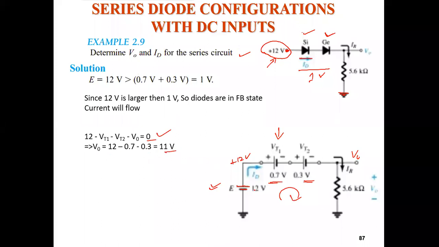Or simply, if you look at the diagram, both the diodes are consuming 1 volt and the applied voltage is 12, so 12 minus 1 gives V0 equal to 11. Once you get V0, this resistor is 5.6K, so dividing it will give you the current. I hope there should not be any doubt in this problem.